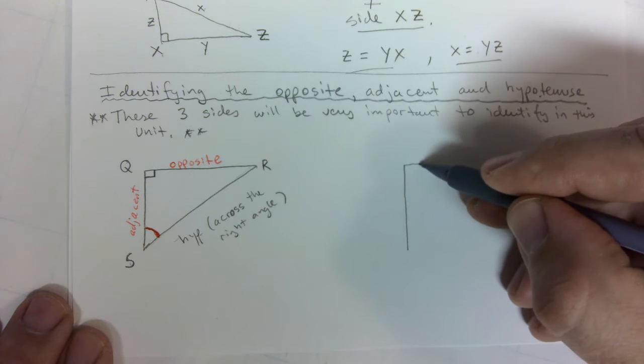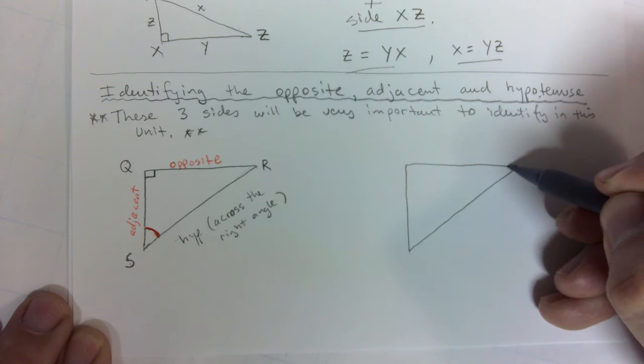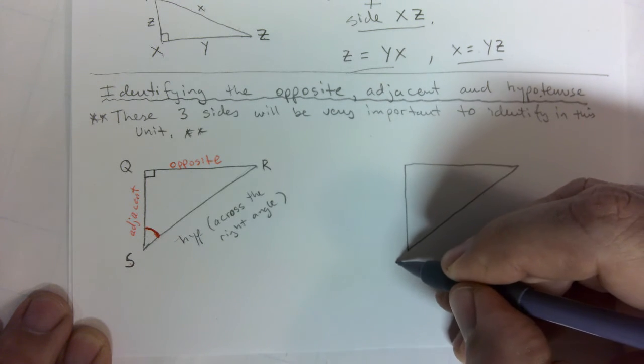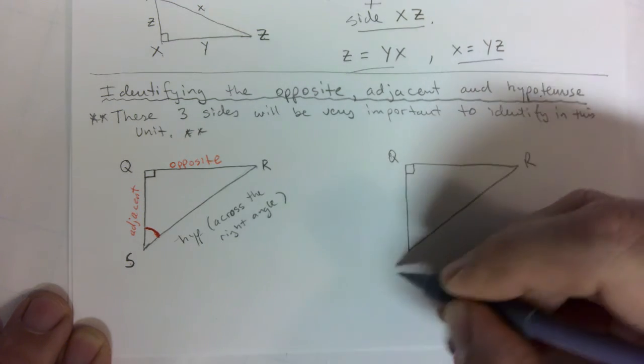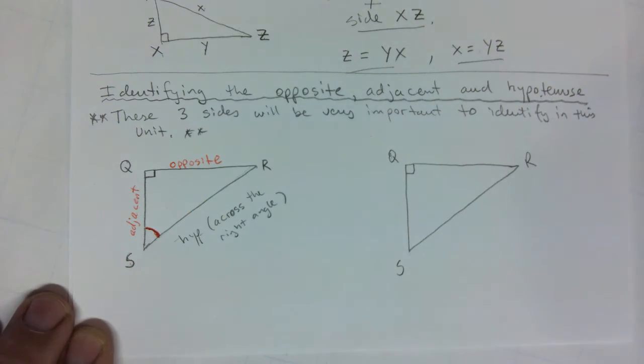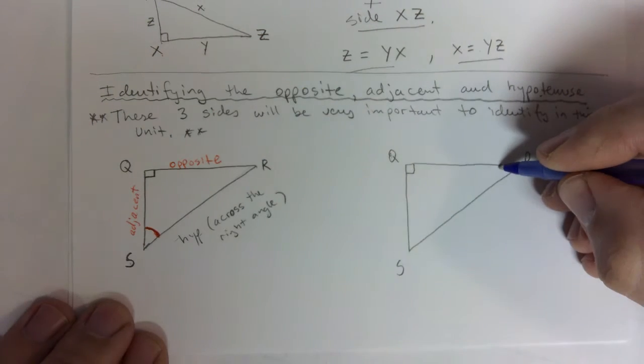Let's make a copy of that exact triangle underneath or beside it, and we're still going to say Q, R, S. Okay? QRS, same triangle. And now I'm going to use a different color here. I'm going to use blue. Those are the only two colors that I have.